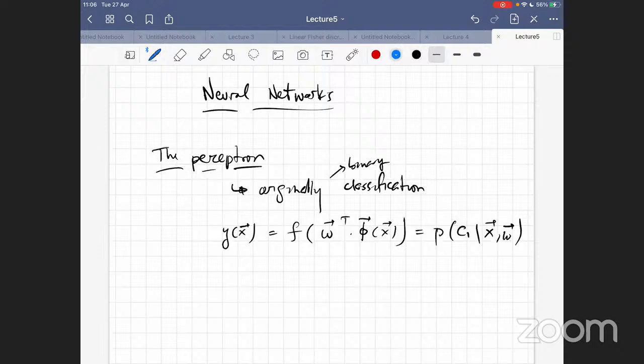However, in the case of the perceptron here, there is a specific form for f of a. It's very simple. It's just +1 if the argument is larger or equal 0 and -1 otherwise.